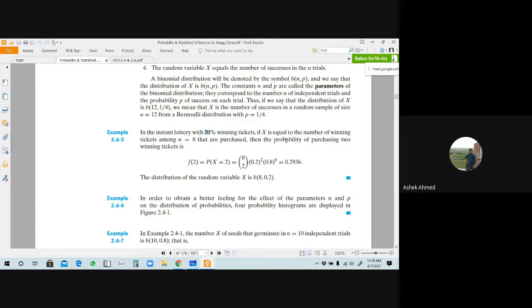From here we have to find the probability of purchasing 2 winning tickets. How can we determine this result?